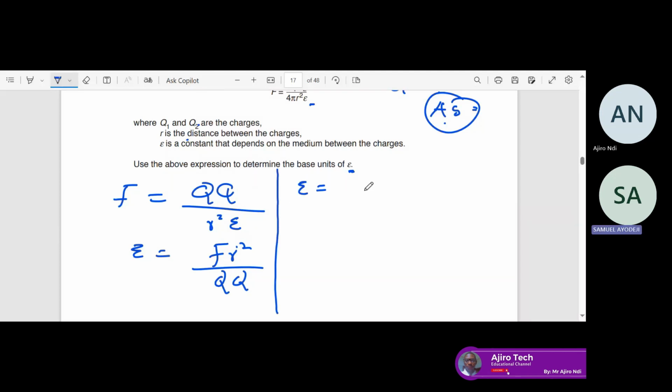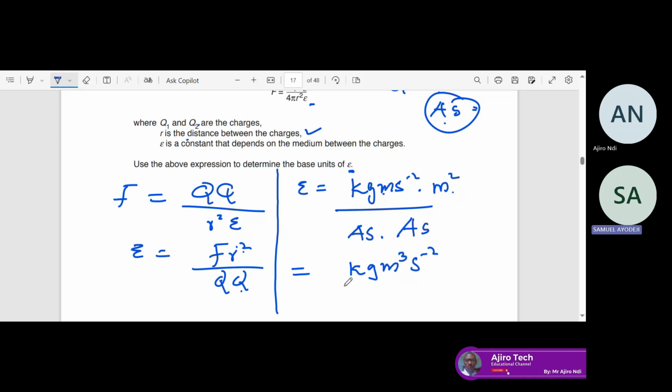Put the unit of each of them there. Unit of F is kilogram meter per second square, times the unit of distance. What is the unit of distance? Meter, so that will be meter square, over the unit of Q, ampere seconds, squared. Now I do the mathematics. That will give you kilogram meter cube over ampere square second square.